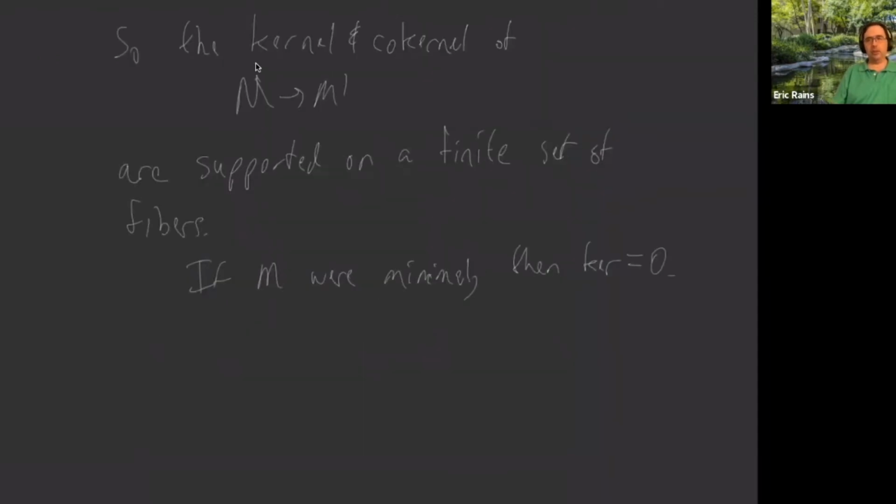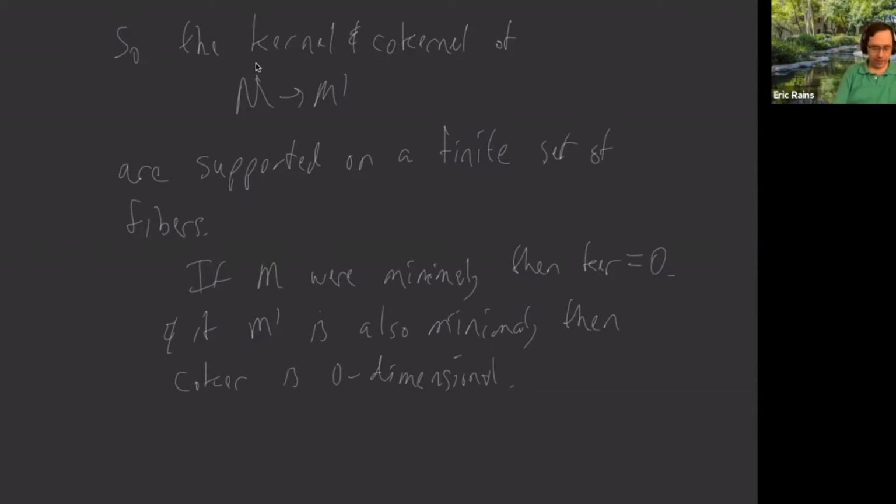Okay. So we have this nice little feature. And also, if M prime is also minimal, then the co-kernel is 0-dimensional, because it's supported on fibers, but M prime shouldn't have any maps to actual line bundles on fibers.